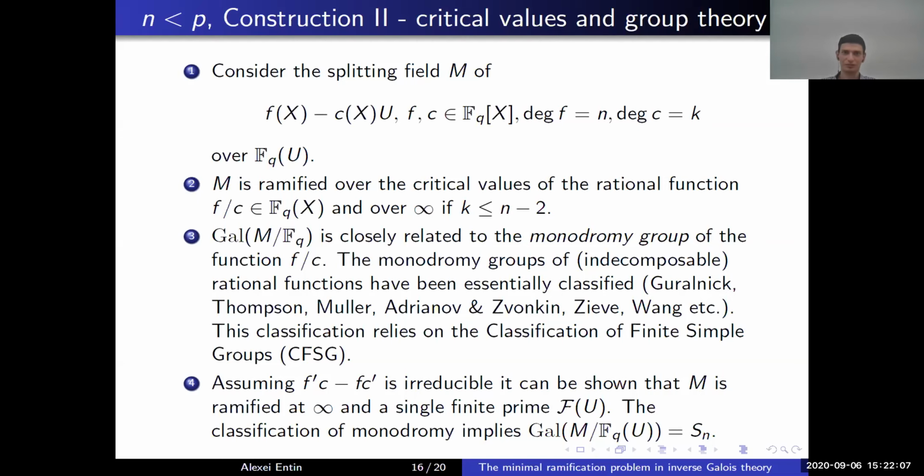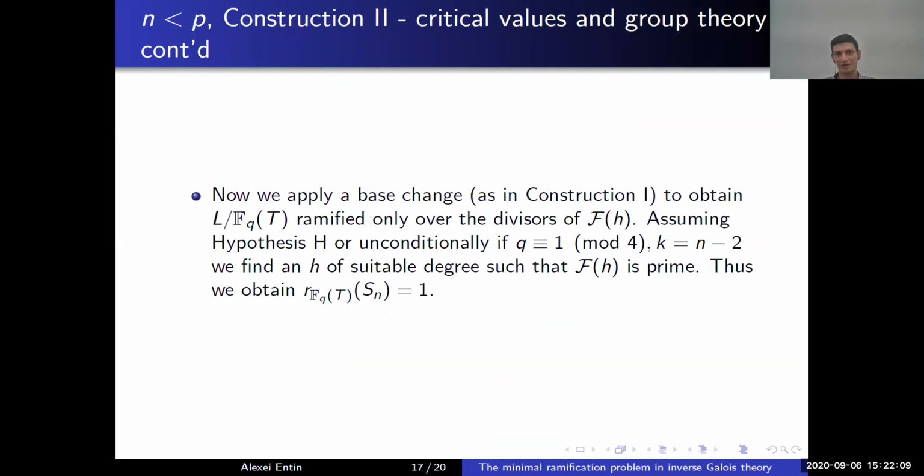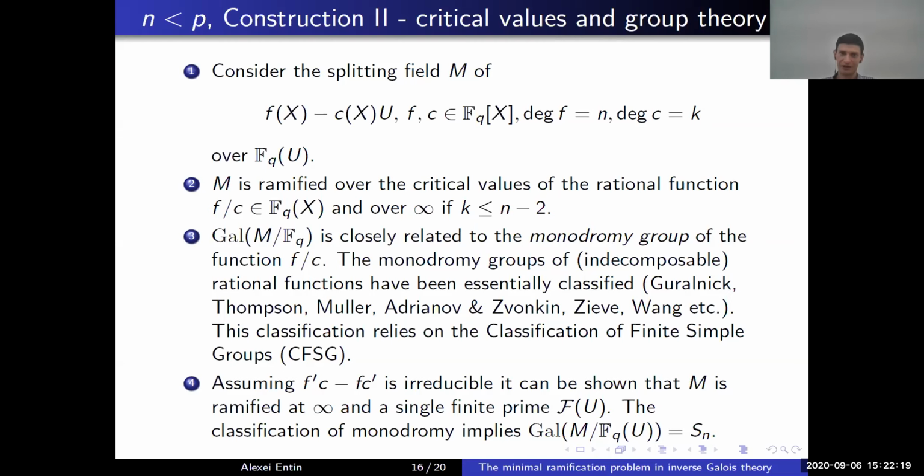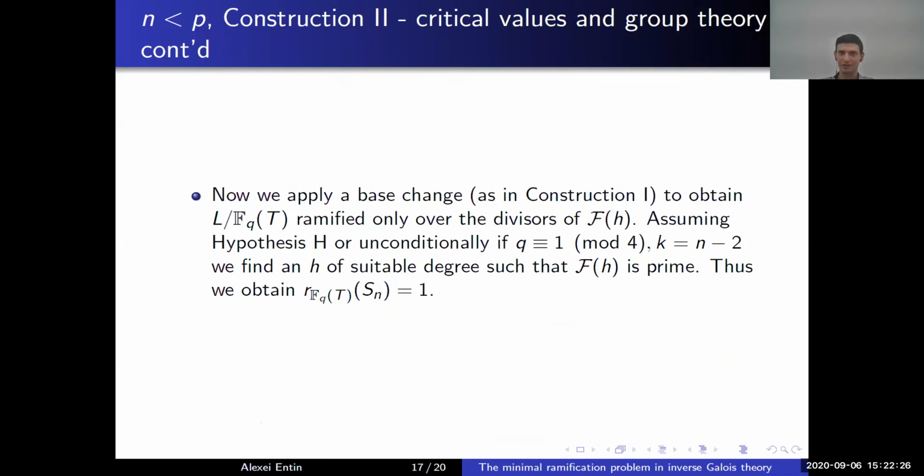Okay, so now we apply base change as in the first construction to obtain an extension ramified only over the divisors of f of h. So f is the only finite prime which is ramified in the extension M. And now assuming either hypothesis H or unconditionally assuming Q equals 1 mod 4.